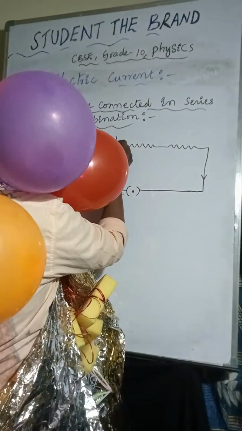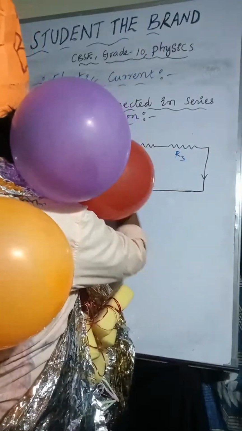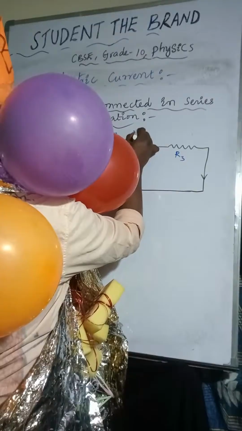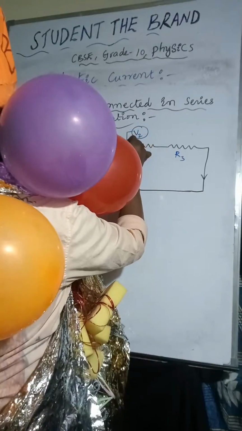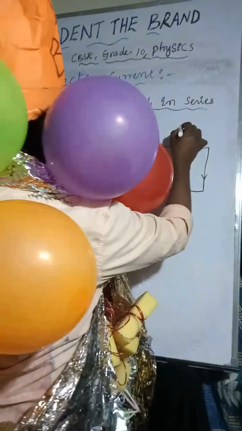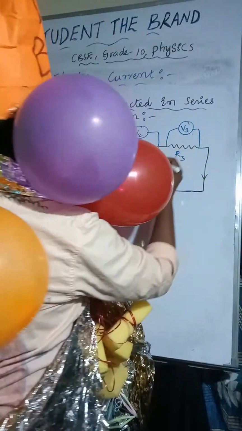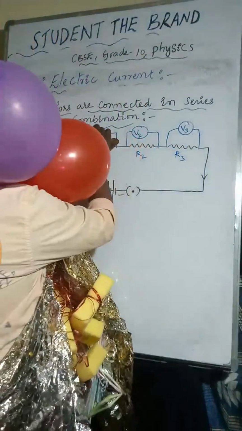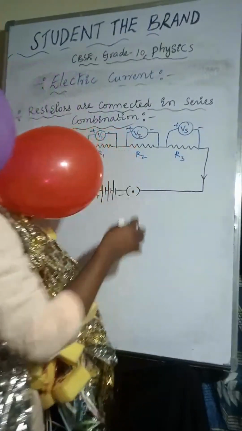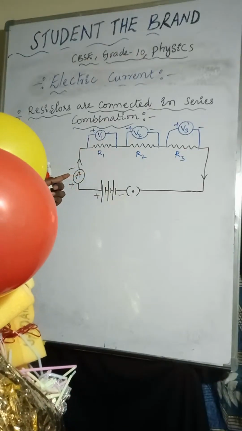Here is R1, R2 and R3. So resistors are connected in series combination.